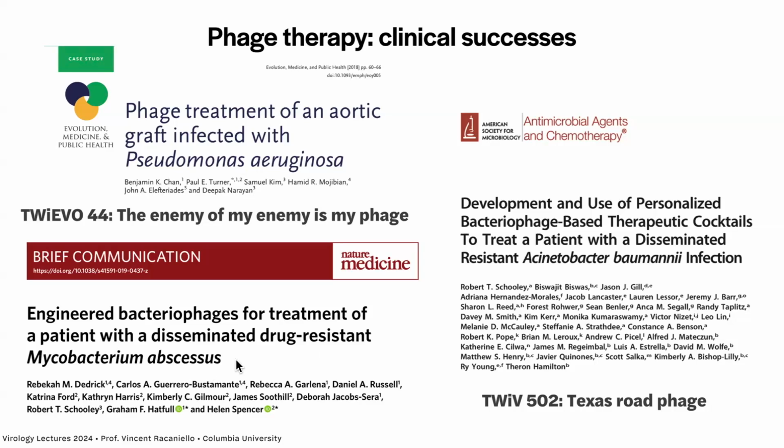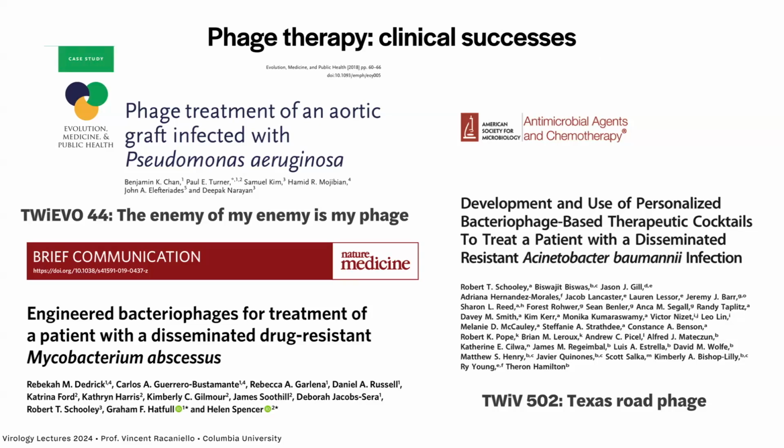They treated him with phages that were selected to be able to infect that mycobacterium. And during the course of the treatment, he got better. The bacteria became resistant to the phage, so they re-engineered new phage to kill those bacteria. And so a nice example of how you can change the therapy during treatment.